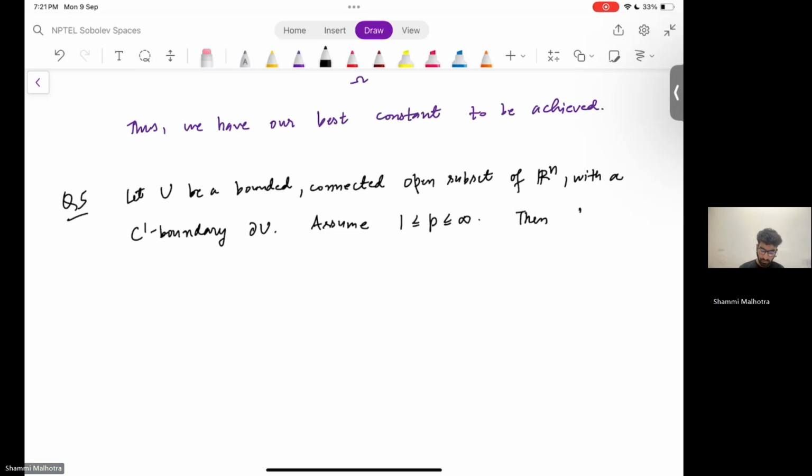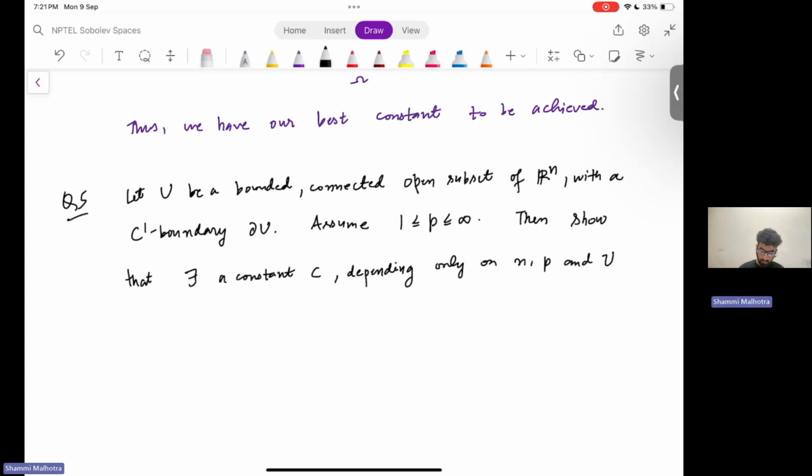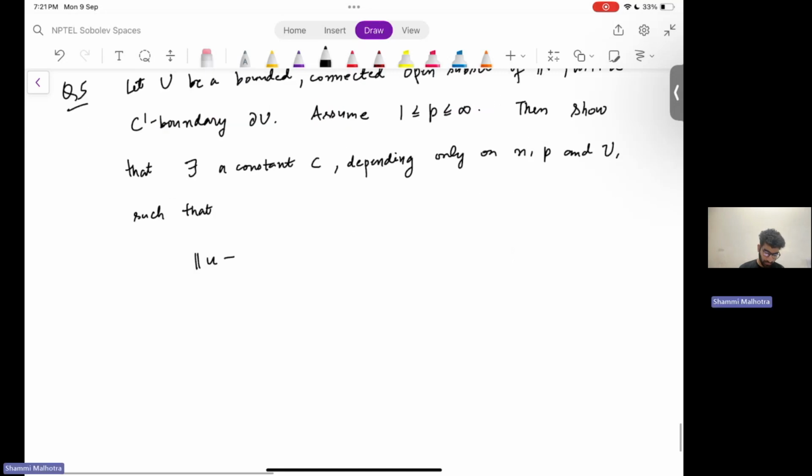Then there exists a constant C, depending only on n, p, and U, such that the LP norm of u minus its average over U is less than or equal to some constant times the LP norm of Du, for each u in W1p of U.